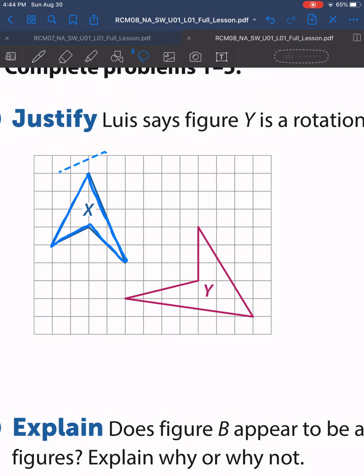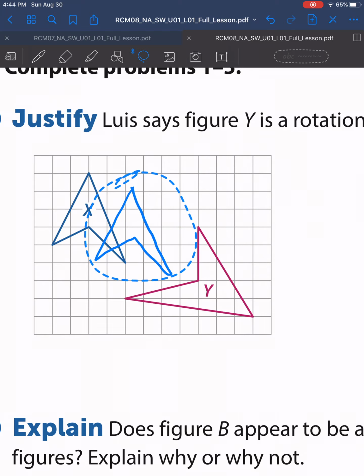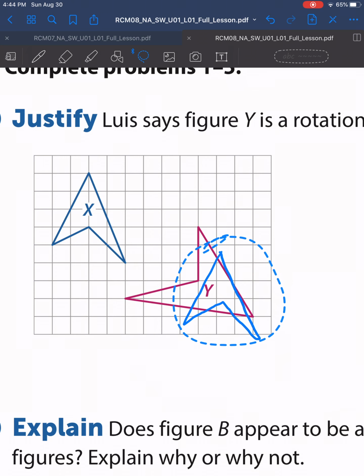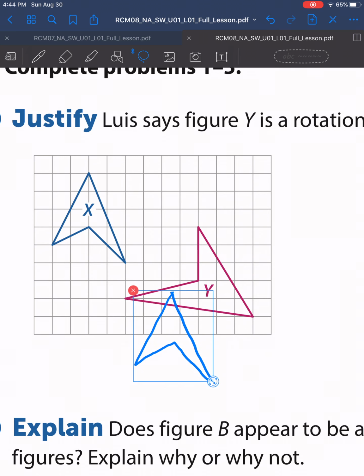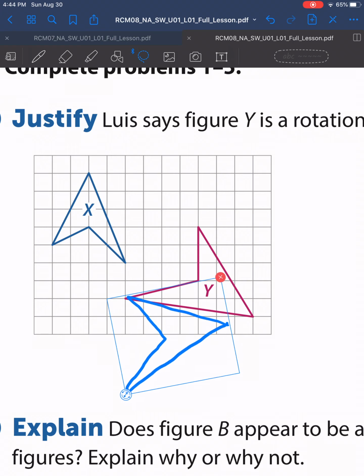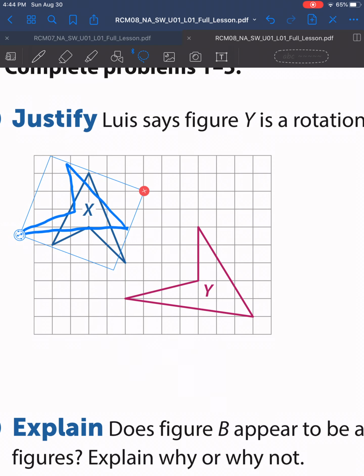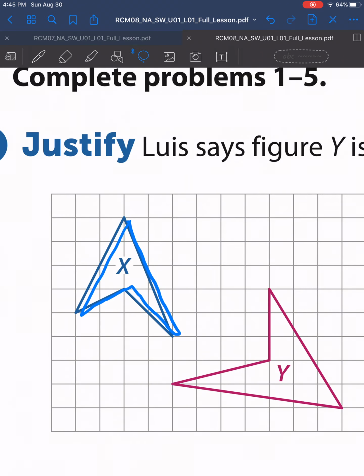If this was a true rotation, now here's where I wish I could twist this, but it means that I would be twisting it and rotating it around, and it would eventually land here, right? Let me see if I can resize it. Oh, that's pretty nice. Okay, well, I gotta be careful because I don't want to resize it, right? I want it to just flip. So let me line it back up.